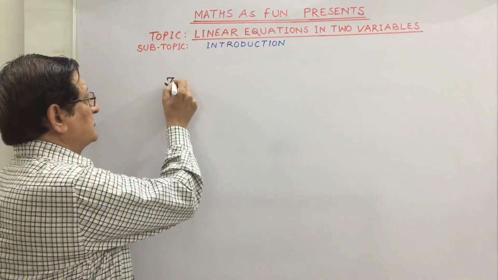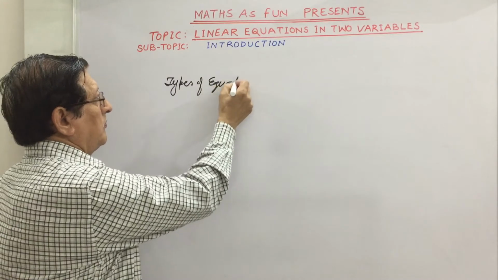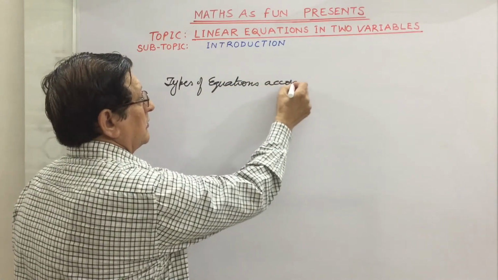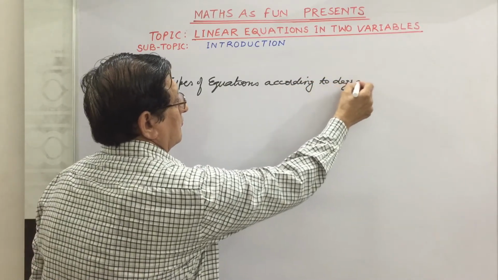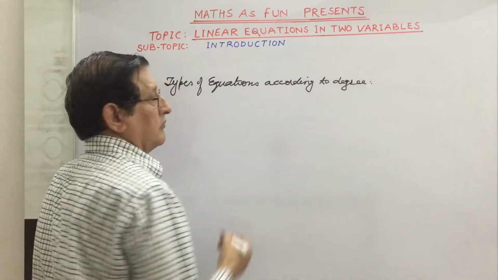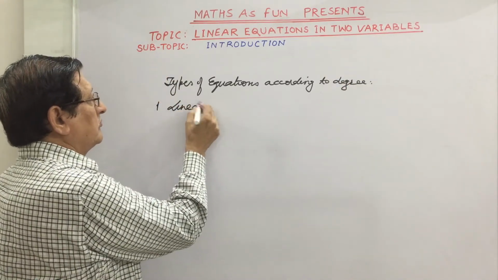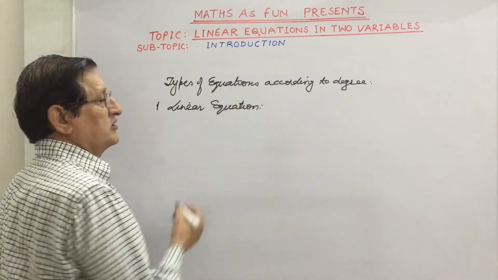Types of equations according to degree. We have number 1, linear equation. What is a linear equation?